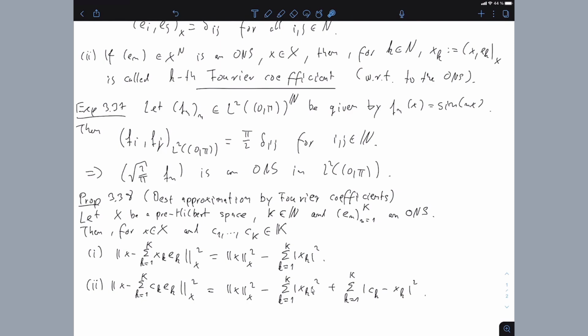So that means the error here in this difference of the linear combination to our element is minimal if we use exactly the Fourier coefficients. So in this sense, the Fourier coefficients give us the best approximation of any element x. If we choose any different coefficients, we will have a larger error.